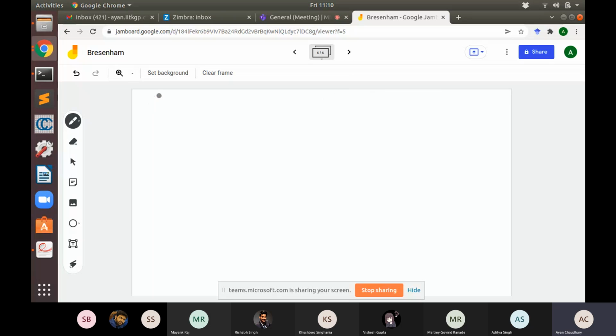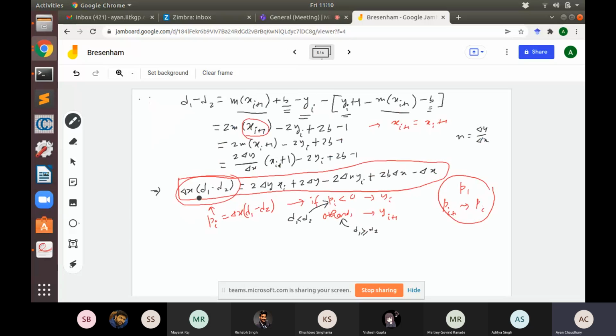So let's rewrite the equation of pi in terms of xi plus 1 and yi plus 1, so pi plus 1. This is the equation of pi, so we simply put i equal to i plus 1 here.